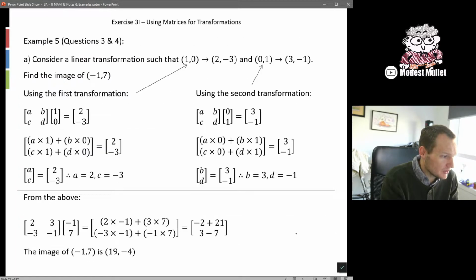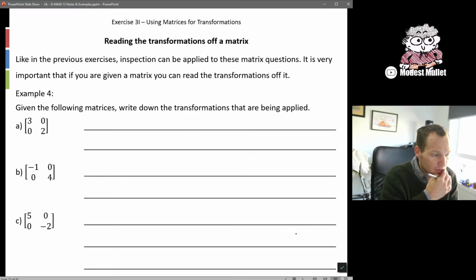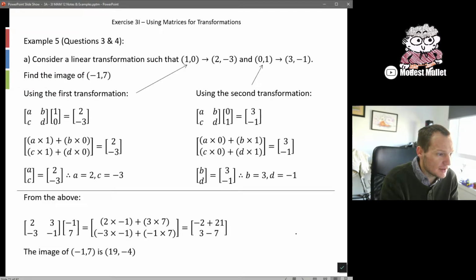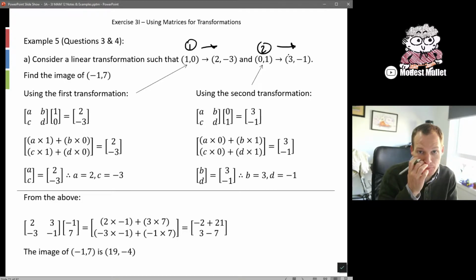But let's keep going. Previously we got up to here where we were reading off what the transformations given in these matrices are, and we're moving on to this stage where we're told a coordinate, we might call this coordinate 1, has been transformed, and this coordinate 2 has also been transformed, and we want to find what the matrix is that does this transformation.